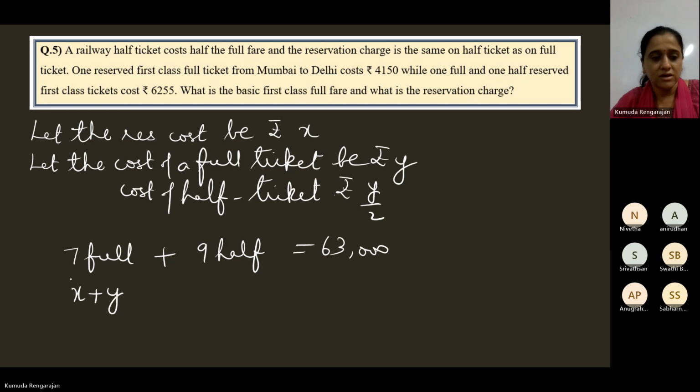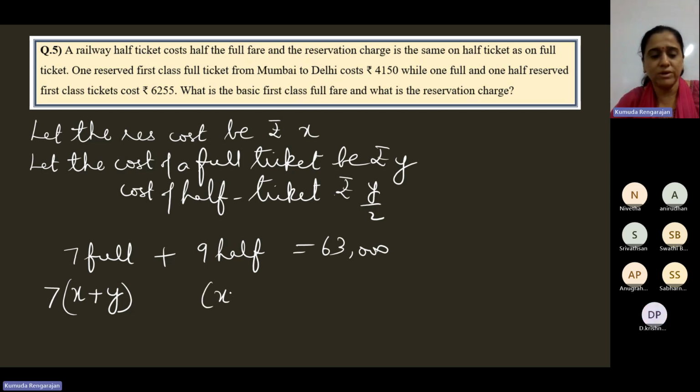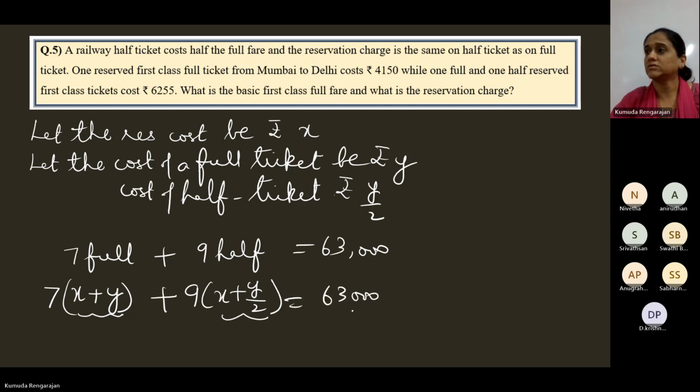This is for one person, so for 7, it'll be into 7. For a half ticket, you pay the reservation charge X plus ticket charge Y by 2, into 9 for 9 children. This is for 1 into 7, this is for 1 into 9. Add, equal to 63,000.